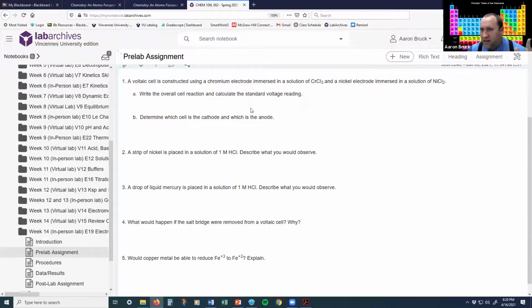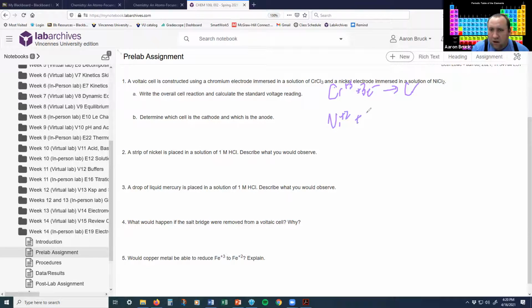Okay, easy stuff. You look at the cell potentials, and you're looking at the reaction between chromium 3+ and chromium metal versus nickel 2+ and nickel.